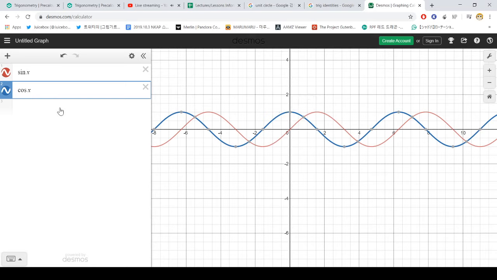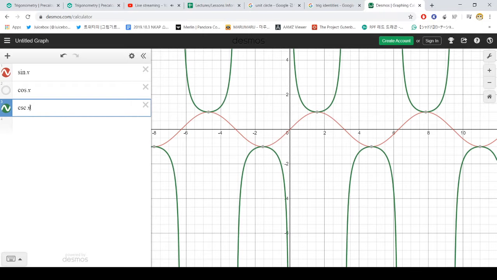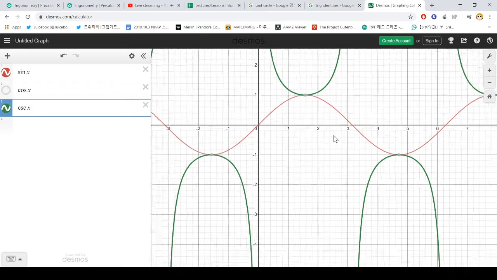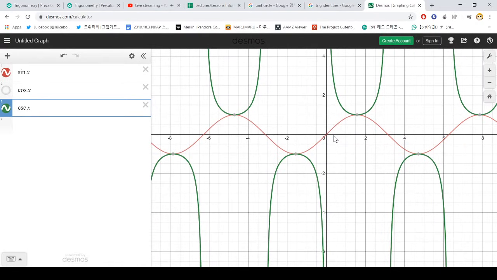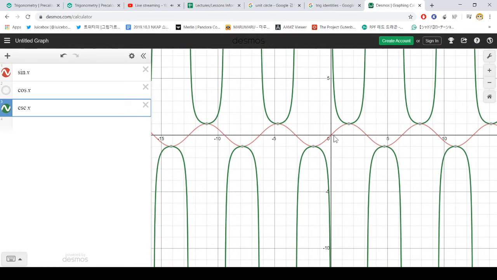Before we cover tangents, let's finish covering sine of x first. So cosecant x. You know how I explained that they were the reciprocals of sine of x? If something's a reciprocal, it's going to be 1 over something, right?